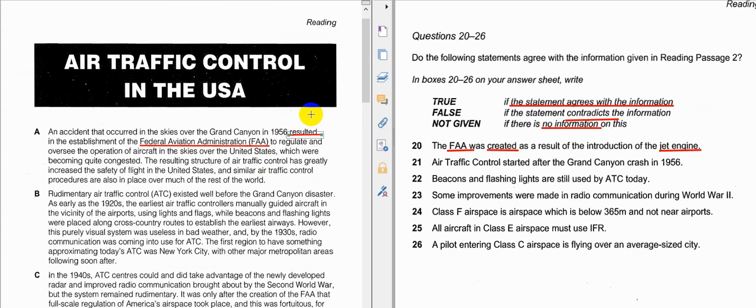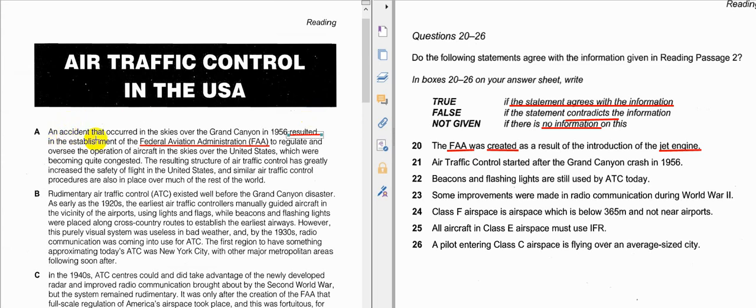And I do want to point out that usually the three keywords are going to be in the same sentence, right? And I'll tell you how to determine the true, false, and not given in a moment. The last keyword is jet engine. All right, so let's see if we can find the jet engine word.